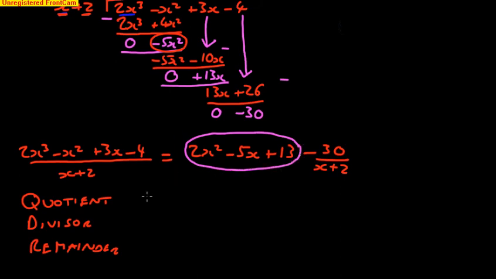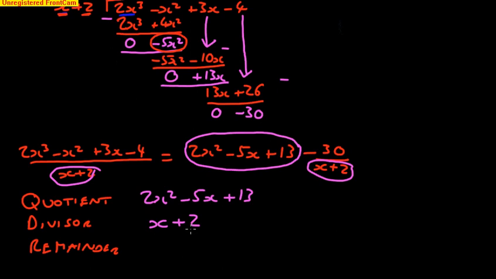So the quotient is 2x squared minus 5x plus 13. The divisor is in two places. That's the divisor there, that's the bit you're dividing in, and it also appears again over here. So the divisor is the x plus 2, and the remainder is the bit that's on top over here. That is the minus 30 part.